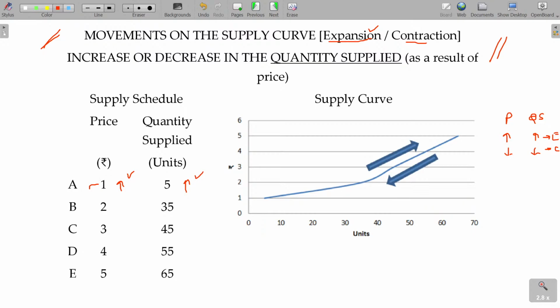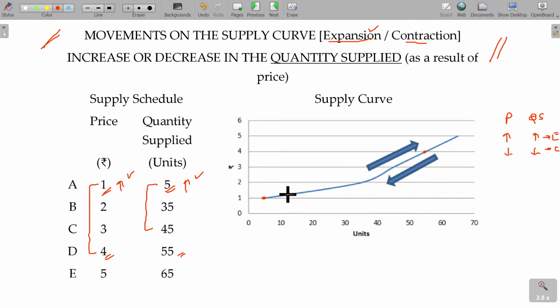When the price moves from 1 to 4, the quantity supplied also moves from 5 to 50. When the price is 1, the quantity supplied is 5. When the price increases to 4, the quantity supplied becomes 50.